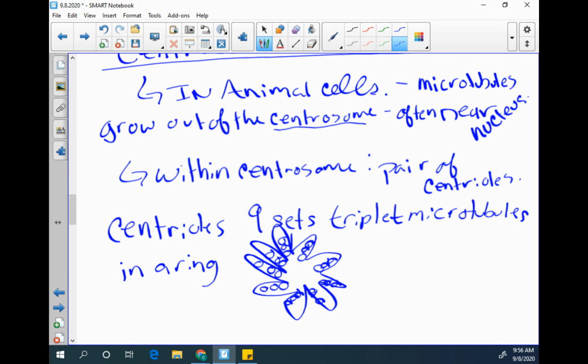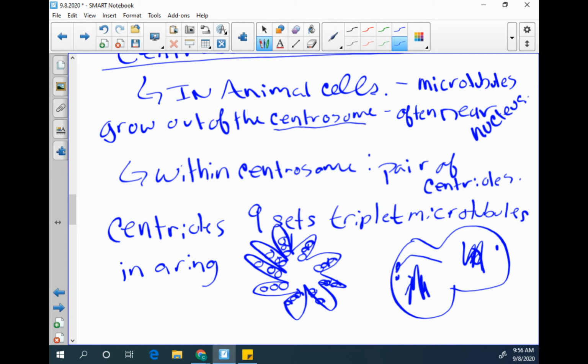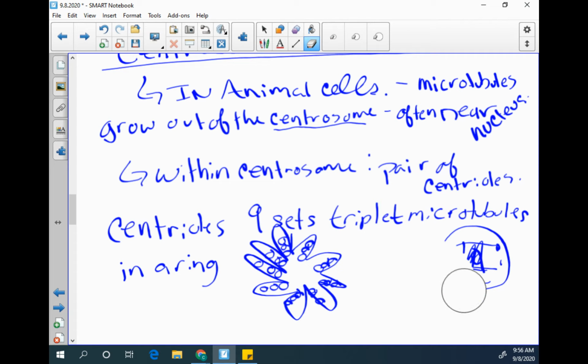So if you think about when we talk about cell division, we've got those little tic-tac looking things that pull from one side to the other. Those are our centrioles. They monitor how our microtubules grow and span across.